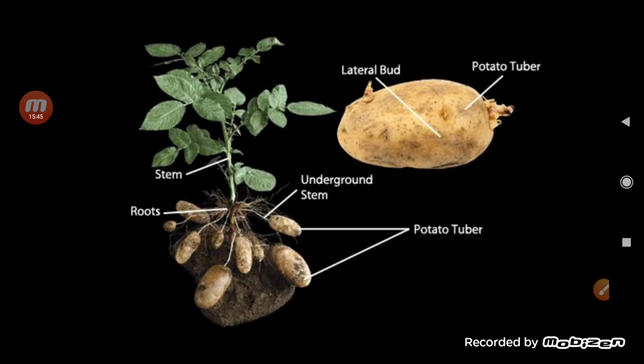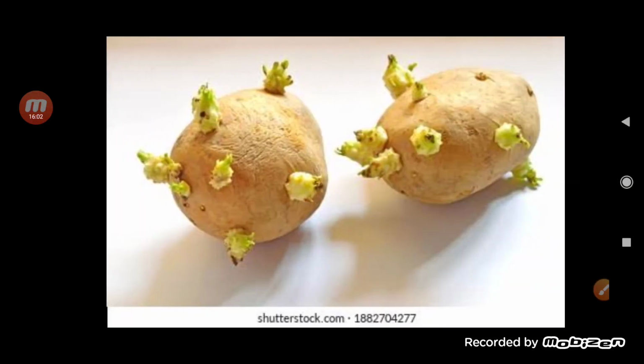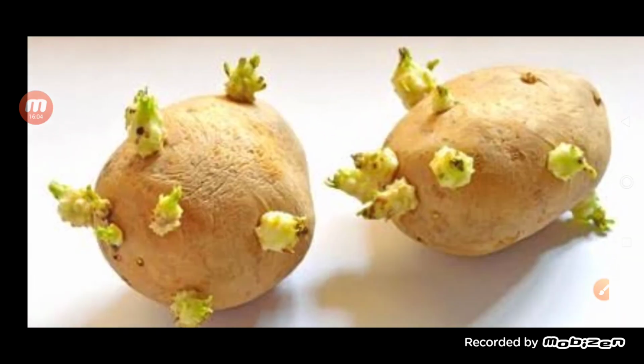And for that the lateral bud must be present there, because from the bud only the plant will come out. Okay. So this is the potato tuber, students, through which the root and the shoot of the plant come out.